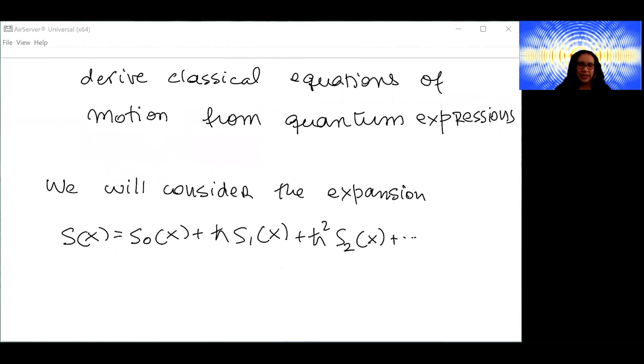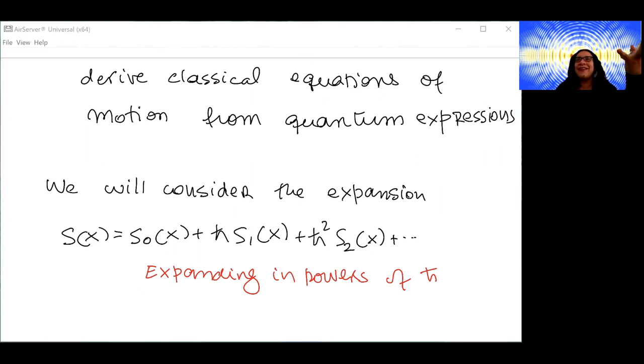So what we're doing is expanding in powers of h bar. And this is again some educated expansion because we know what we get in the limit of h bar going to 0, that we have something that is very intuitive and that we can relate to classical mechanics.